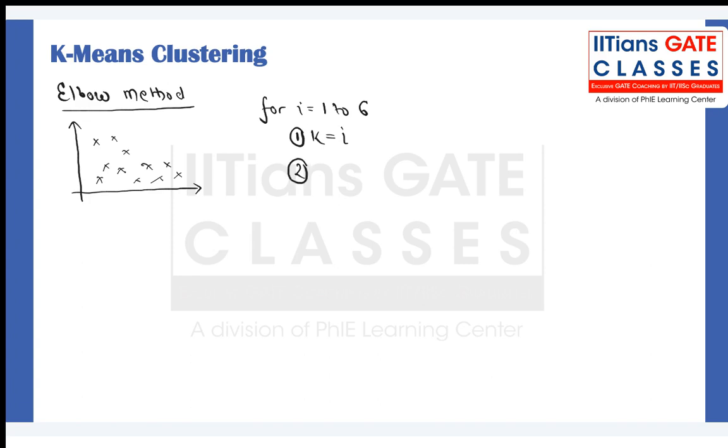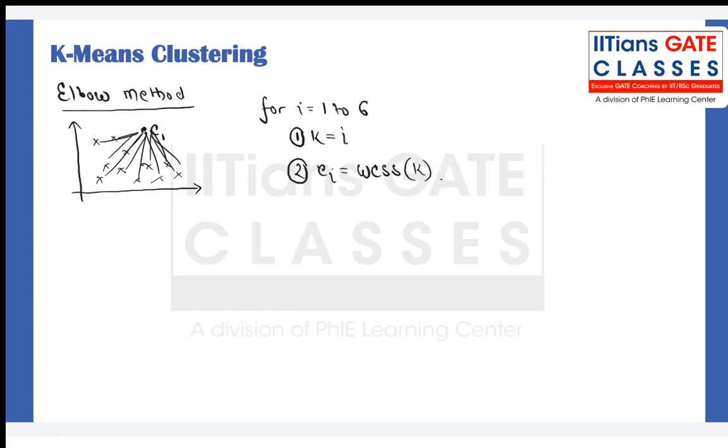And then we will compute the error, which is nothing but WCSS for that given k, which means within cluster sum of squares. So what does it mean? Let's say we consider k as 1, so this is your centroid. You calculate the distance between all the points and the centroid, and the sum of squares of the distances from the centroid of all points is the within cluster sum of squares distance.